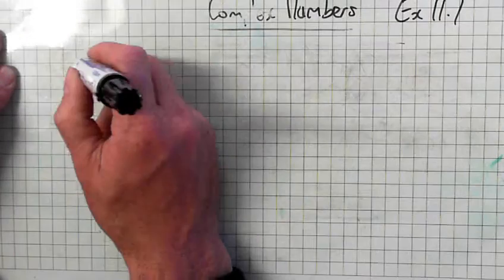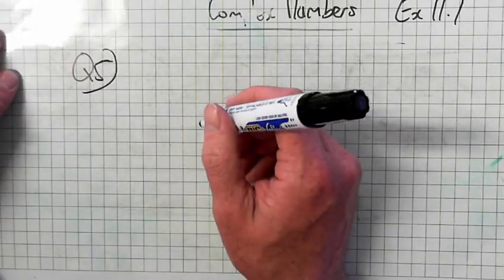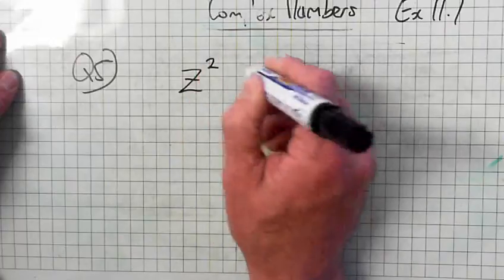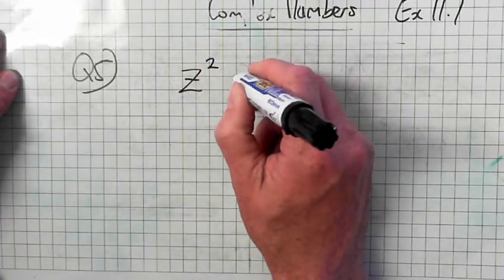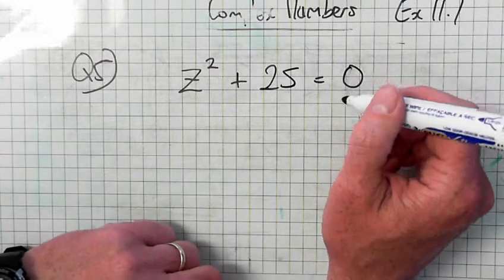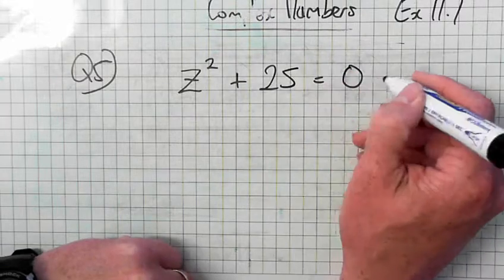Right, question 5. They're all as difficult or as easy as each other. First thing you do is turn around. Move the 25 across.